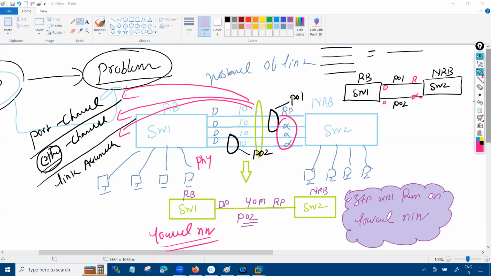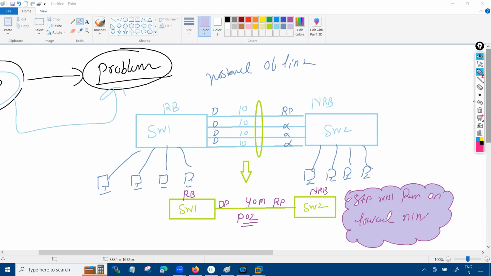But there is a criteria to make a port channel, or we can say to make an EtherChannel. The criteria is, your duplex has to match. If this guy is a full duplex link, this guy is full duplex, this guy is full duplex, then it also has to be a full duplex link.